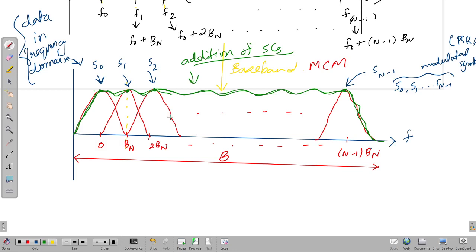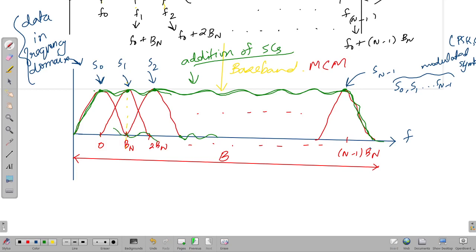And when you have subcarriers, the subcarriers cannot abruptly stop here. Practically, it will have a small tail like this, but the 0 crossings definitely will be along this point. For example, this signal will have its 0 crossing point here.